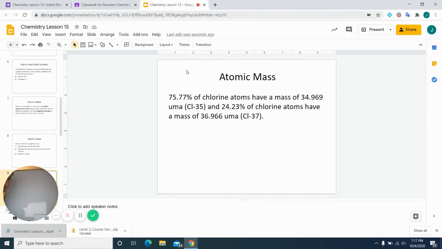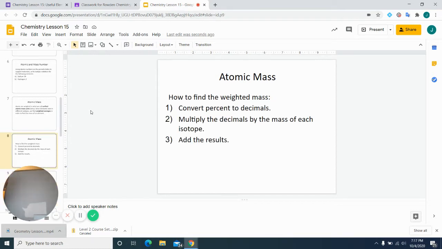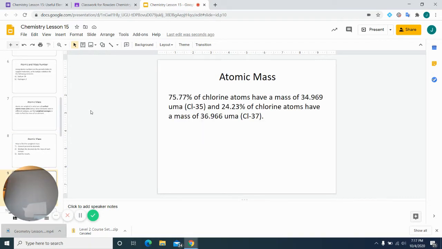So remember the steps. You're going to convert the percent to a decimal. So I'm going to take 75.77 and move the decimal over 2 places, so the whole thing's a decimal: 0.7577. And I'm going to multiply that. This is the percentage of this mass. So I'm going to do 0.7577 times 34.969.